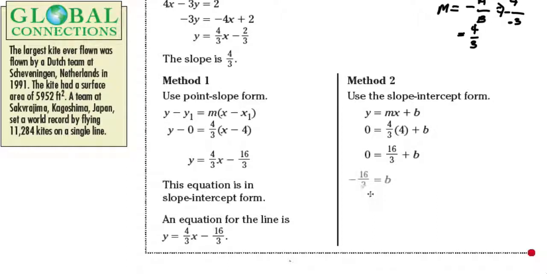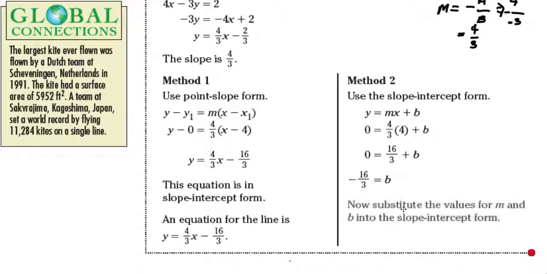So b is equal to negative 16 over 3. And what do we do with that? We simply substitute the values for m and b into slope-intercept form. We know that our slope is 4/3, and we know that our b is negative 16 over 3. So it's y equals 4/3 x minus 16 over 3.